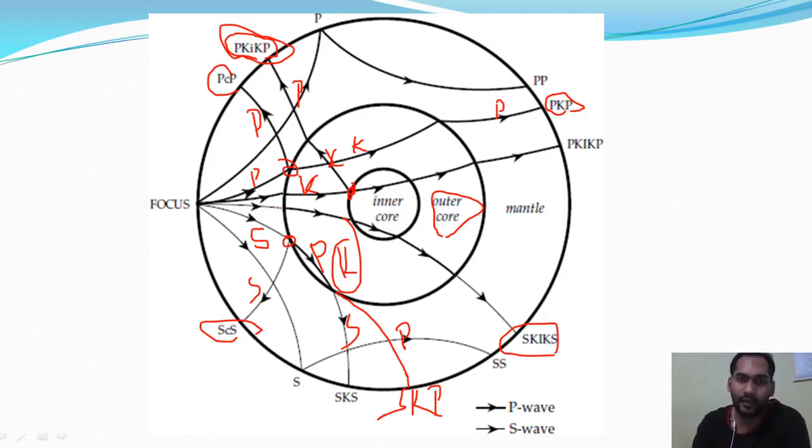So when S traveled through mantle, that is S, when it enters the outer core, it will be converted to P, so that is K. Then suppose it is reflected from here, it will be small i, because it is reflected from the outer core and inner core boundary, then it will travel as K, then when it comes out to the mantle, it can travel as P or it can travel as S, right?